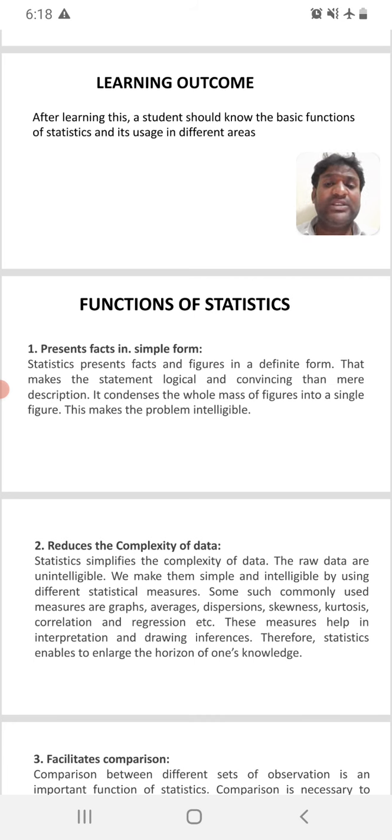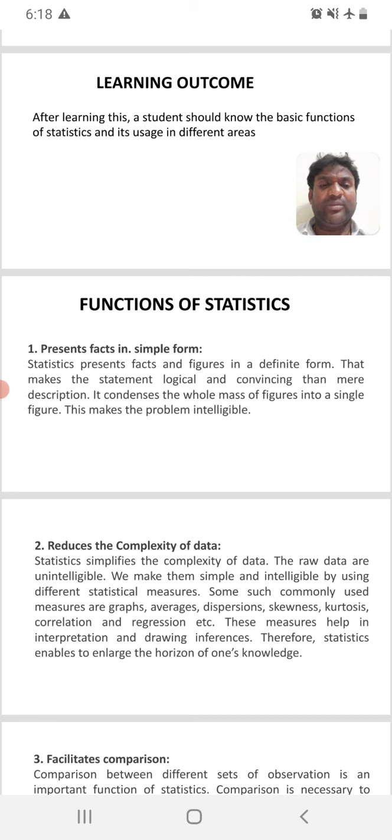Like that, statistics is going to aggregate the facts in a simple form. Instead of telling 100 numbers, we are going to tell one number. I collected 100 students' heights and divided by 100, and we have got one number. Think that every student has variation in height: 4.8 one student, 5.2 one student, 5.6 one student, 6.1 one student, like that in the class.